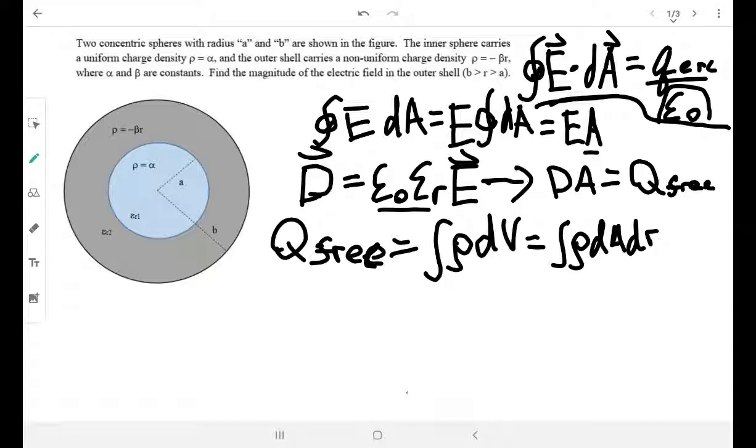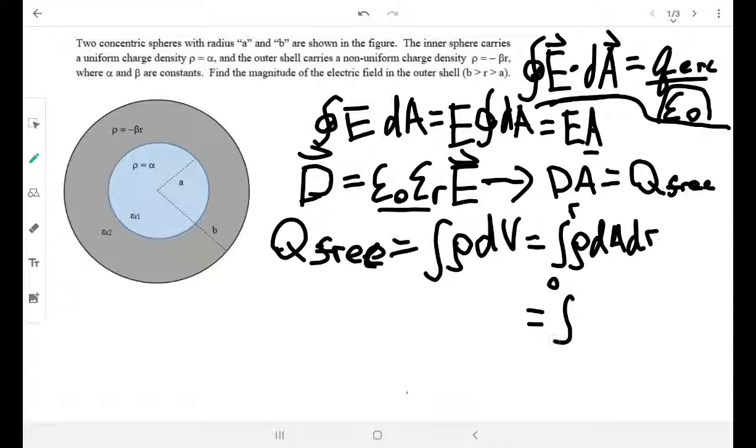We can pull out the rho and the dA because they're both constant. And we're also keeping in mind that we're going through the regions where our radius is changing from 0 to r.